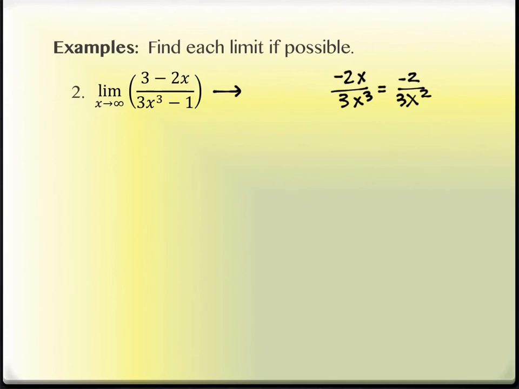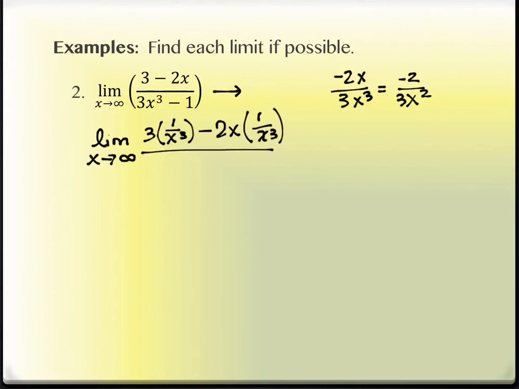All right, let me rewrite it so I'll have some more space to space it out. Whatever your biggest exponent is, in this case it's x cubed. Everybody write, it's x cubed. We're going to multiply every term in our rational function on this one by 1 over x cubed. Every piece of it.